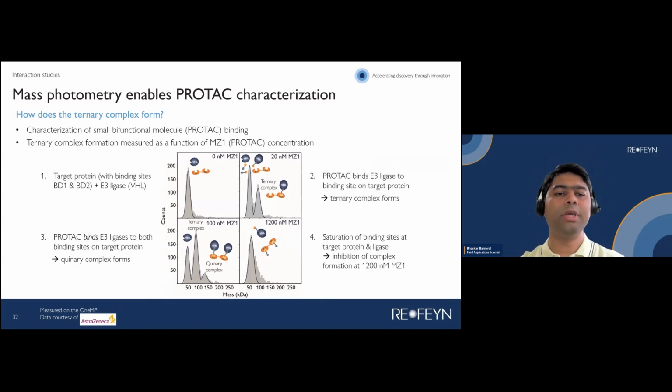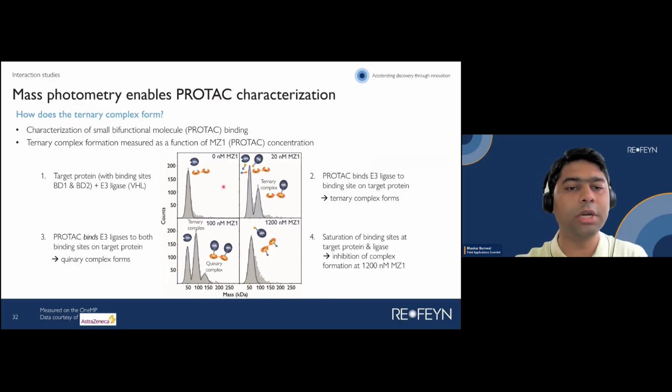But since it can be used to bind to the E3 ligase and the target protein, it can be studied with mass photometry. This is a titration study where MZ1 was used from 0 nanomolar to 1200 nanomolar.